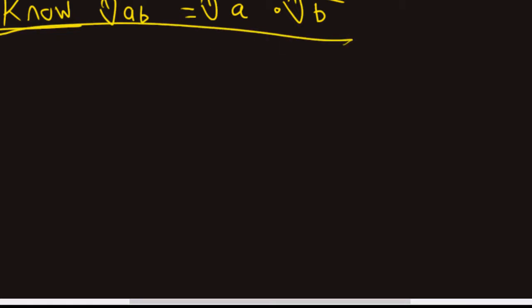Well, let's try to prove something else. Let's try to prove, how about something like this: the nth root of A over B is equal to the nth root of A over the nth root of B.